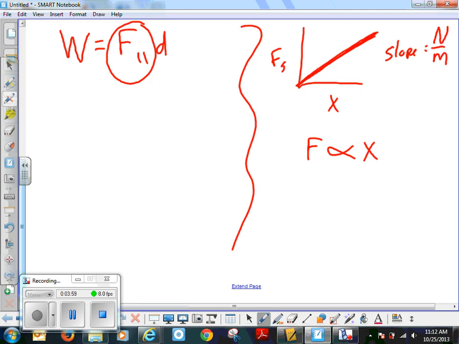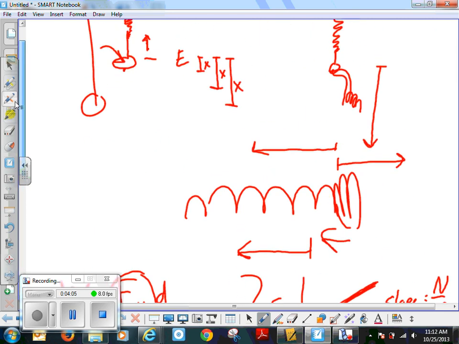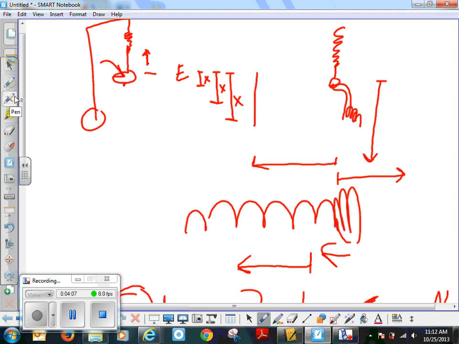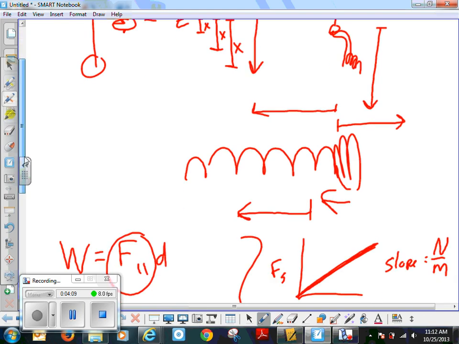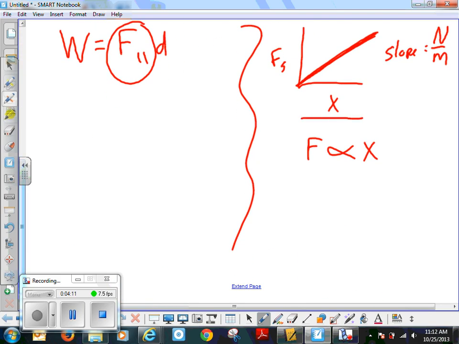Okay, so and then if we think about what we were talking about earlier, as we got further and further and further from equilibrium, which on the graph would be in this direction, the force of the spring got bigger and bigger and bigger. And since this is linear, that means that change is constant.